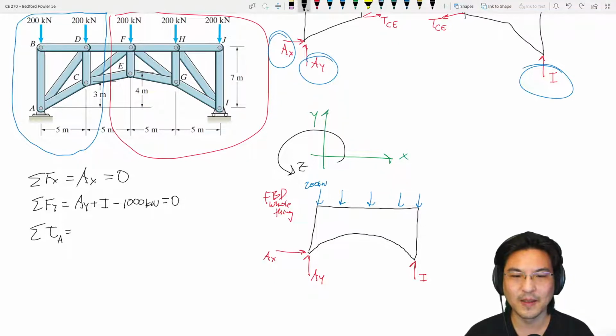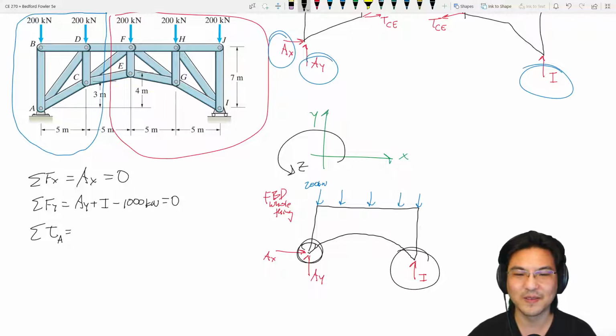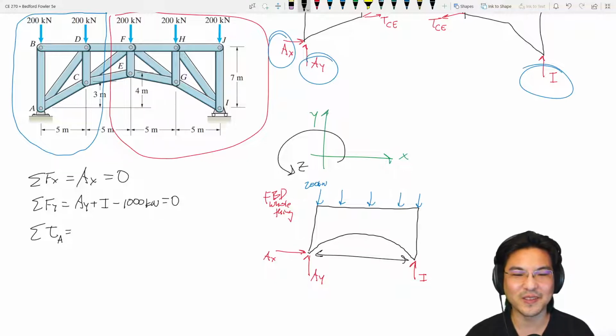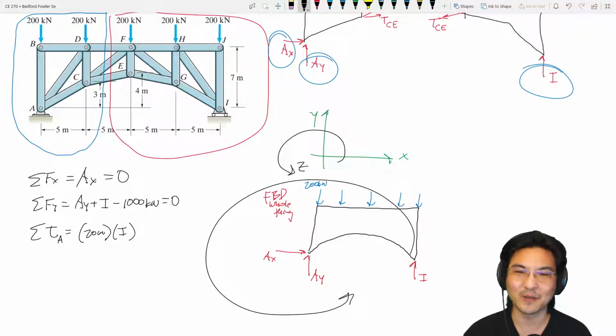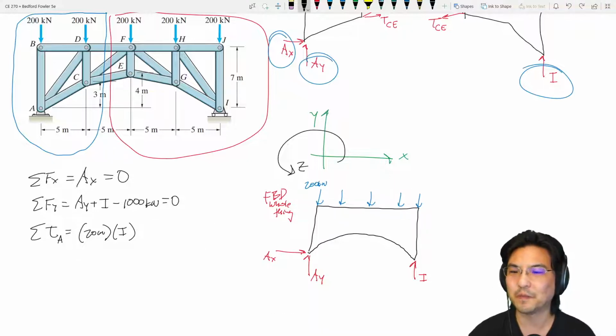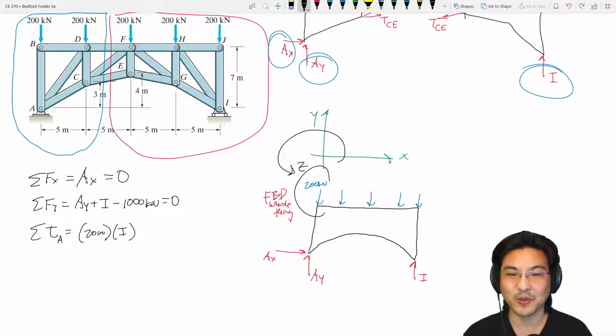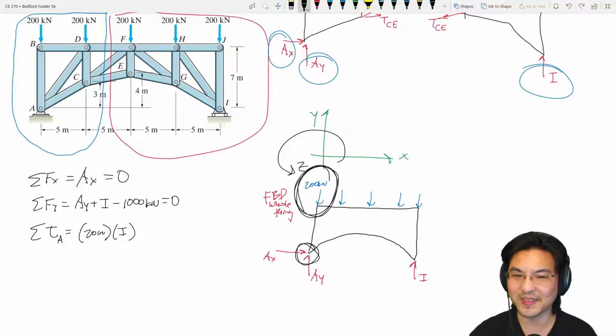So the torque about point A from this force is, however far this is, times I. How far is that? 5, 10, 20 meters. 20 meters times I going counterclockwise, which is in the positive Z direction. Okay, there's no torque due to this force about this point because it's aligned like this, right?